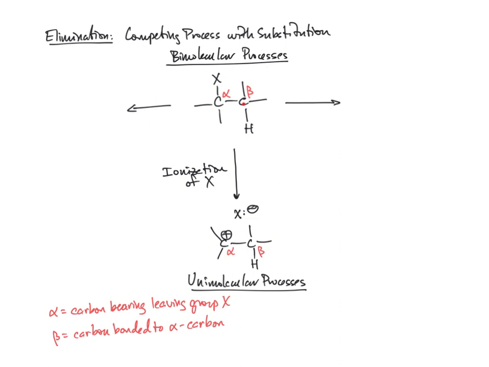So I'm only specifically showing 1, but you can have up to 2, 3 possible beta carbons, and they can all be different, and you should sort of designate them as such. So again, I'm only showing 1, and I'm only showing 1 hydrogen of that beta carbon.